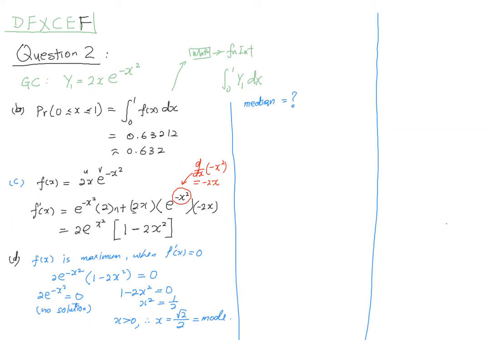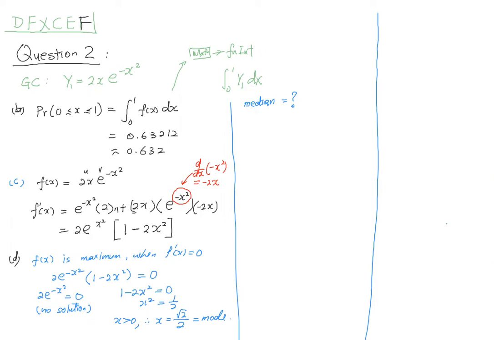Yes. That means when I integrate, you get the area 1. The median means 50% of them are more than that value, 50% of them less than that value. So what do you mean by median? You have to know the meaning of median also.